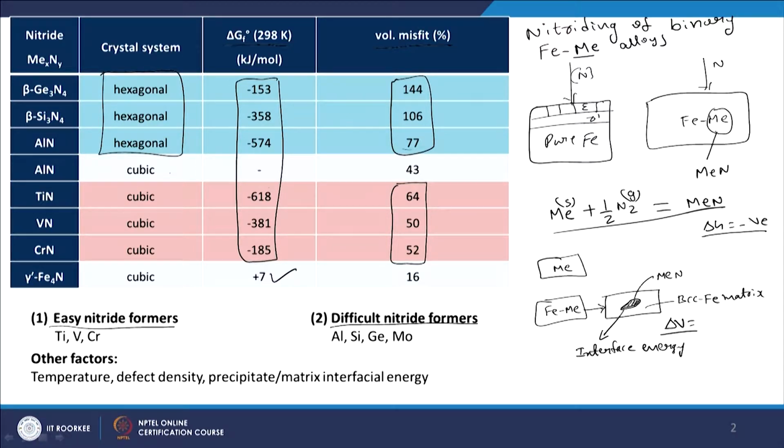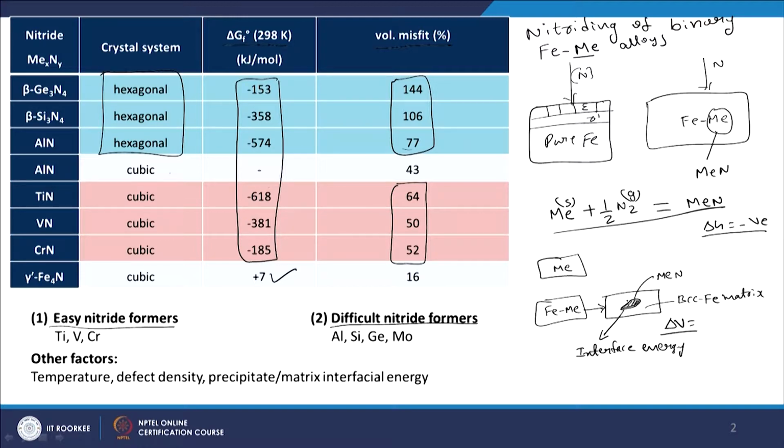The difficulty for precipitation is associated with the volume misfit: when Me is dissolved in the solid and converts to MeN, there is a change in volume, and you need to create volume space to develop these nitrides, and that involves some difficulty. That is the quantification, which we can see in the form of volume misfit.